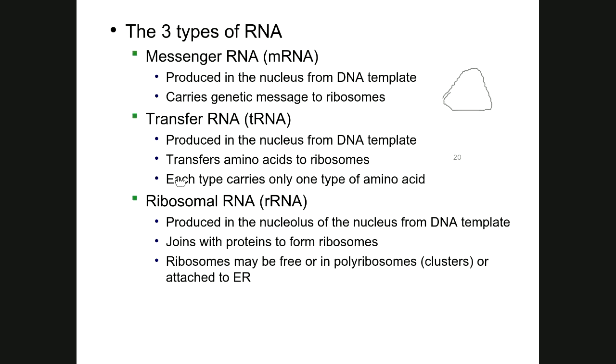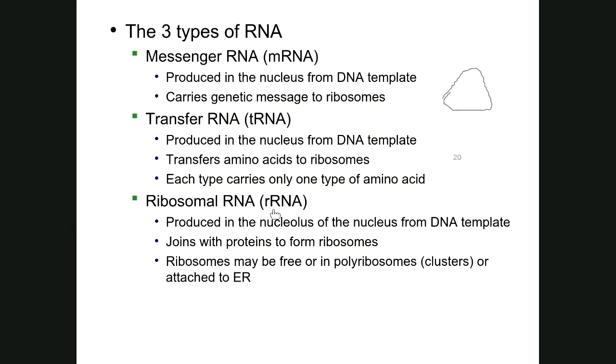So each type carry only one type of amino acid. That's why 20 different tRNA carry 20 different type of amino acid for protein synthesis. It is important. Third one is called rRNA or ribosomal RNA.